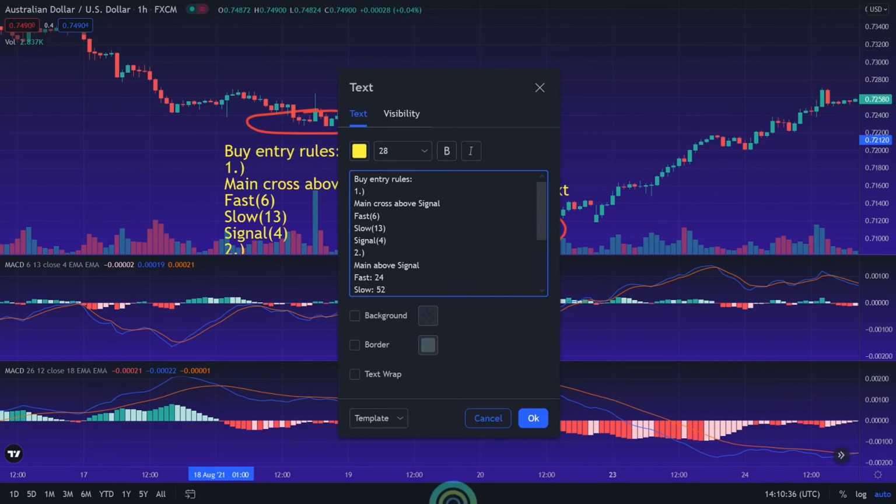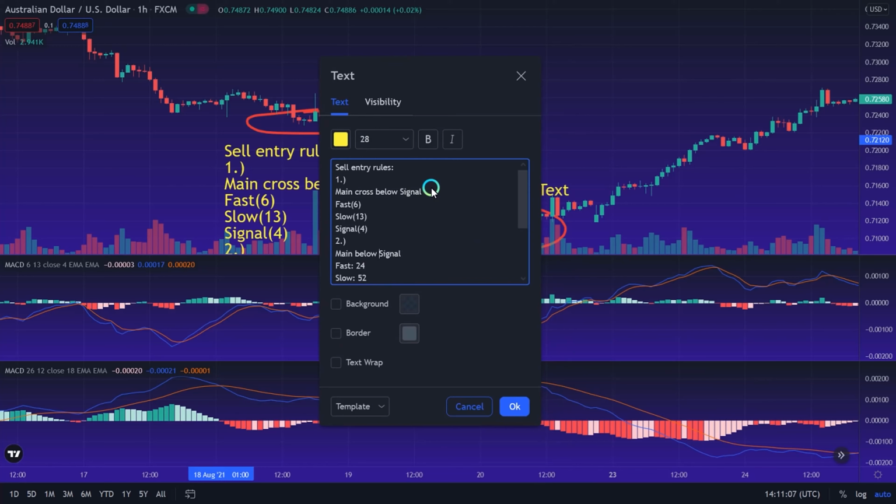Because most of the parameters are pretty much the same, so I will just overwrite these. I guess if you are already a trader, it is obvious for you. So let's see now. The sell entry rules are, in my opinion, really intuitive.